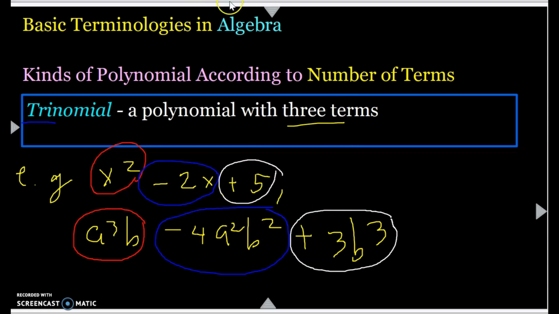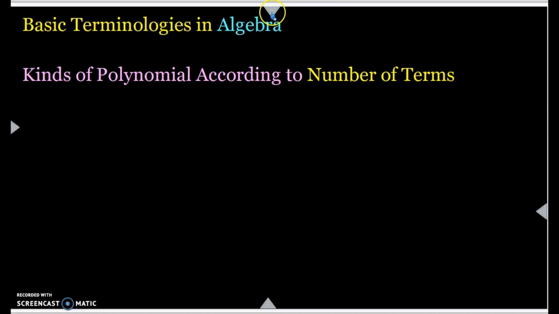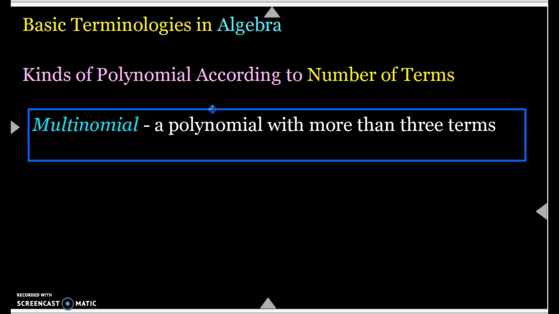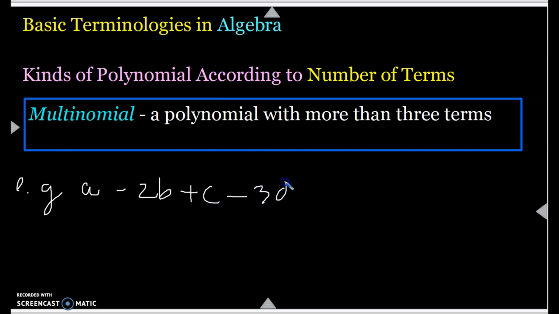The last classification, okay, so I'll be erasing it and bring it back, is for a polynomial with 4 or more terms. And we use the term multinomial. When we say multinomial, it's a polynomial with more than 3 terms. Examples of this are a minus 2b plus c minus 3d.